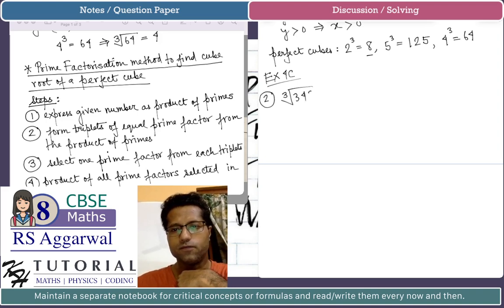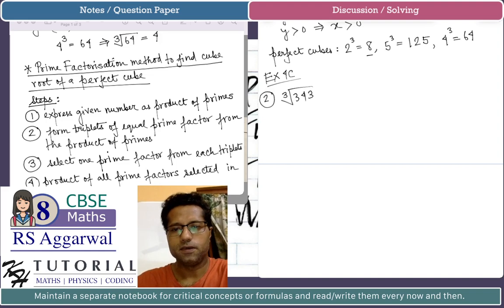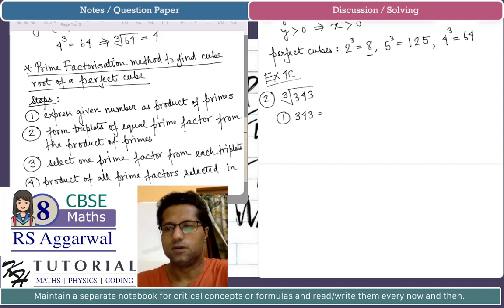So what do we do using the prime factorization method? As per the steps in the notes, the first step is to find the prime factors of the given number. So let's do the prime factorization of the number 343.